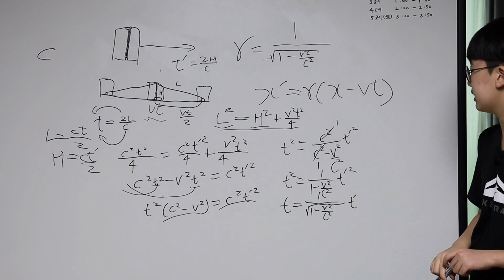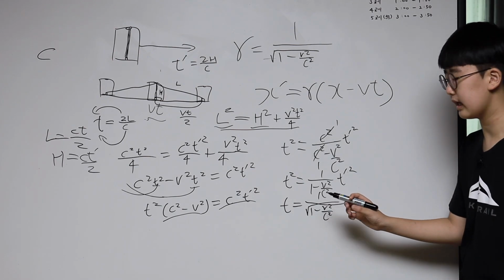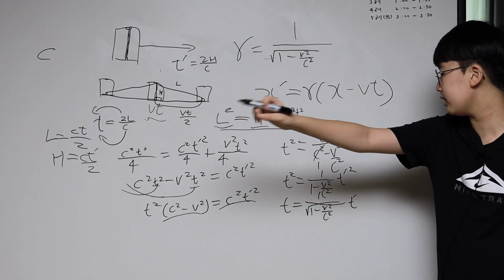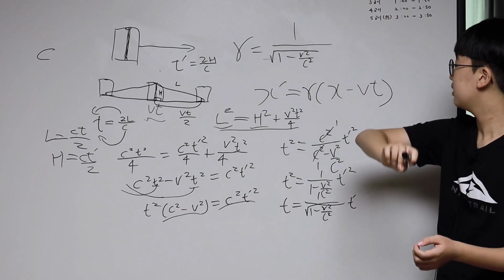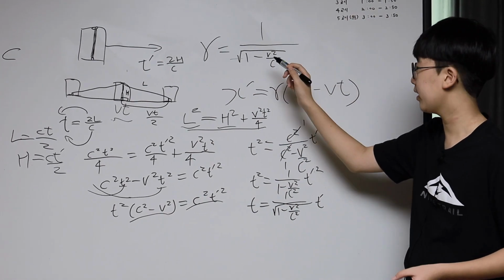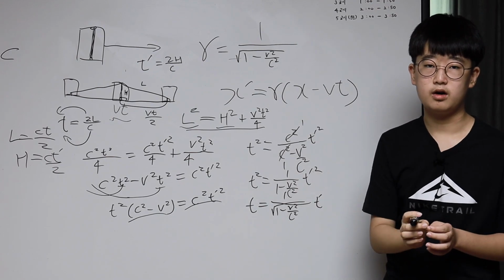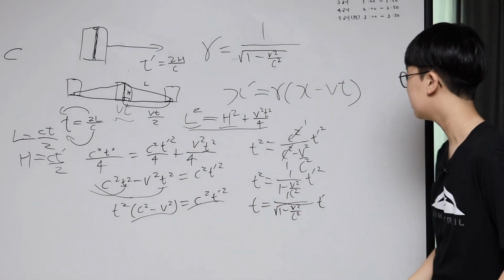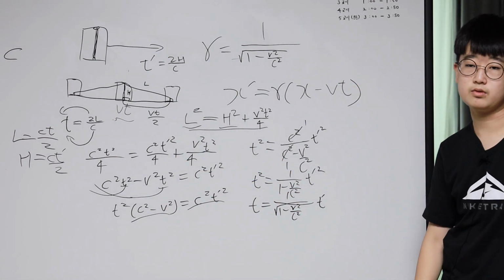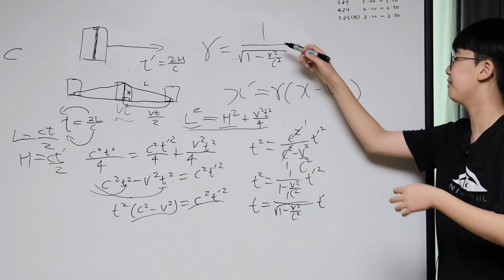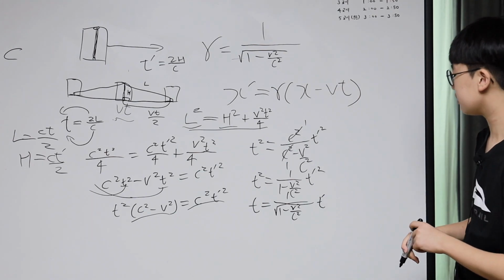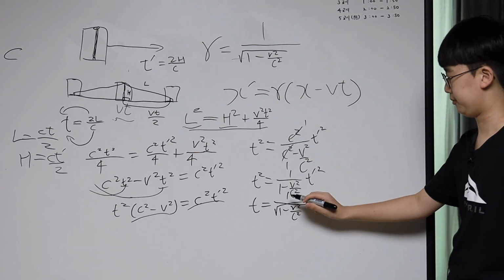So now what happens is, as I said, as the speed increases, the Lorentz factor gamma also increases. And when v equals c, gamma equals infinity.